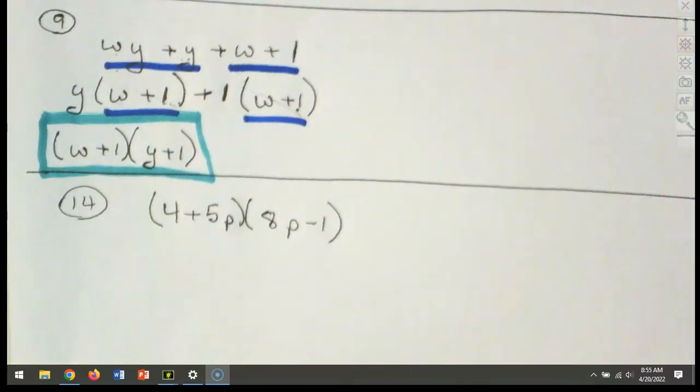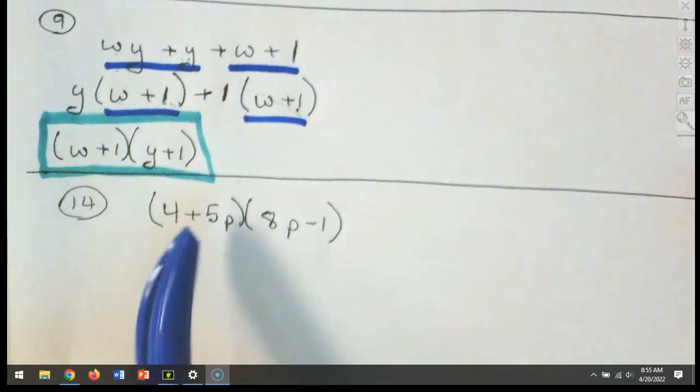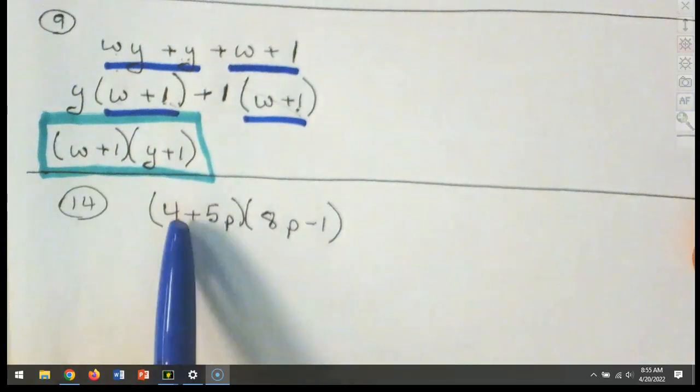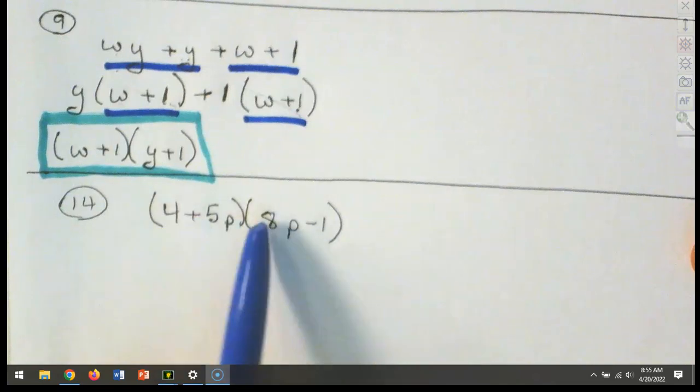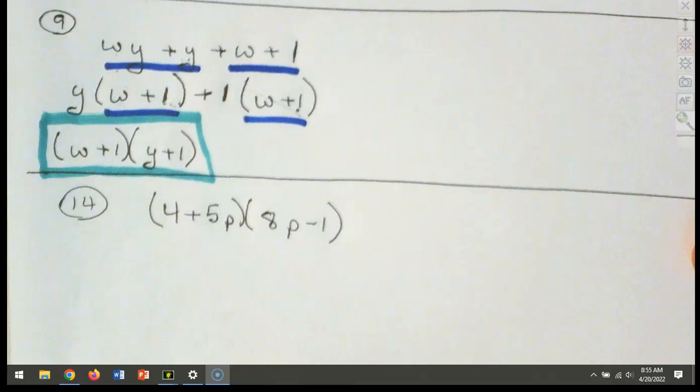So we know that we cannot go any further on this one, and that this one has been factored, because when we look at it, we look at each set of parentheses. Okay, a 4 and a 5. Do they have anything in common here? Nope. 8 and a 1. Do they have anything in common? No. Now you cannot put that 8 and that 4 together. They're separate parentheses.